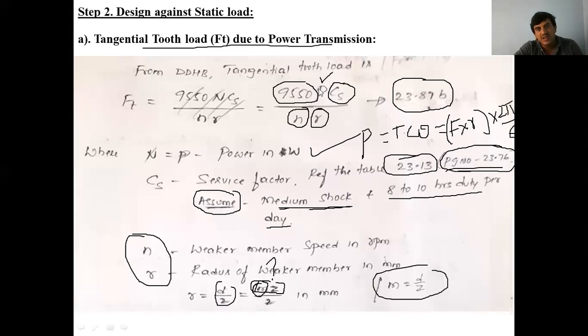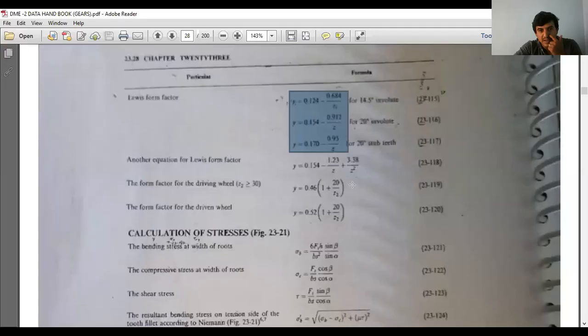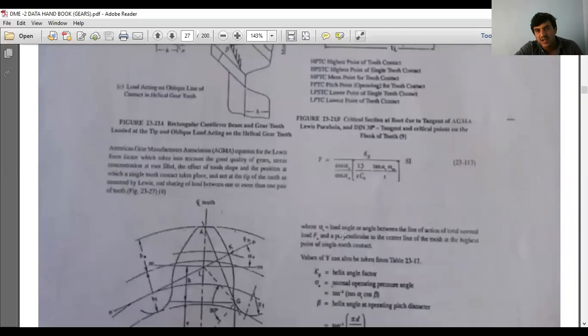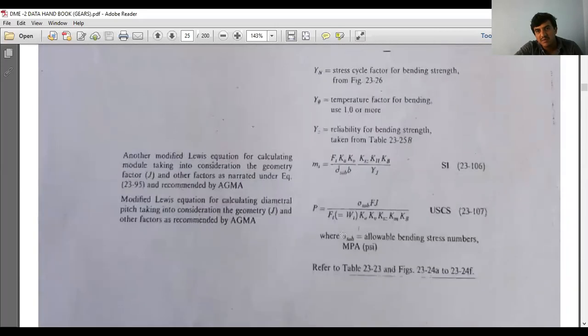Okay. Next, again you want to see the data handbook. What is the equation number? The power equation is 23.87b, right?